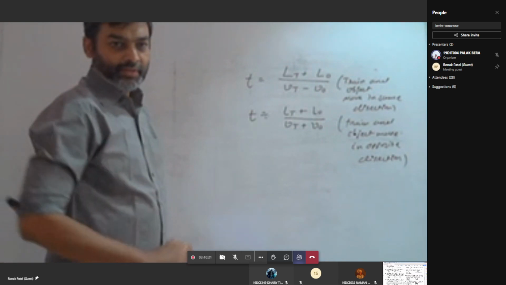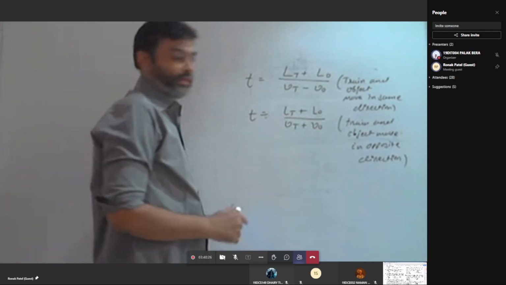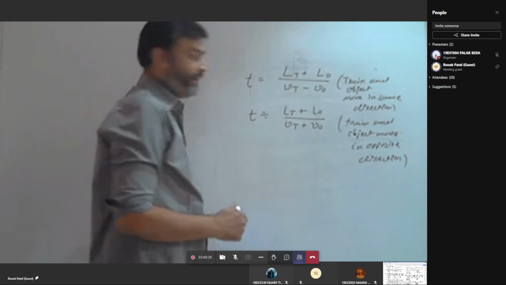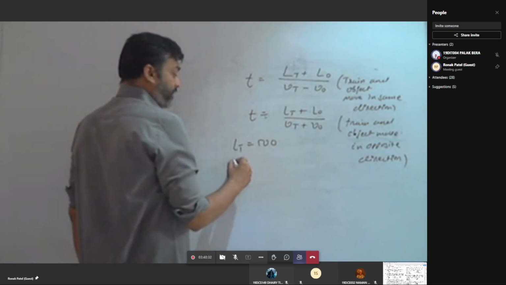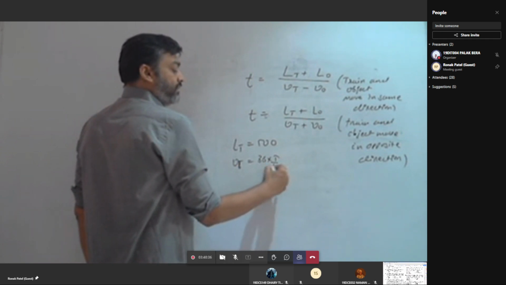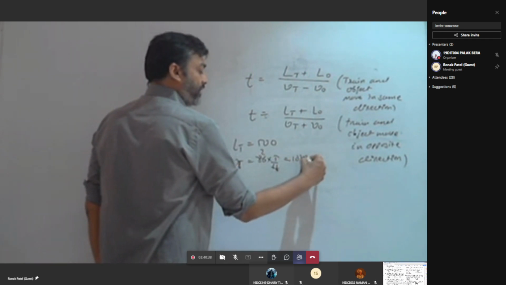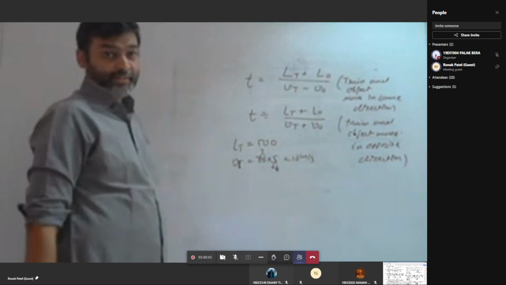In question 18 it is written that a 500 meter long train, so the length of train is given as 500 meters, at a speed of 36 km per hour. So convert kilometer per hour to meter per second. The answer is 10 meters per second. The conversion unit is 5 by 18, kilometer per hour to meter per second.